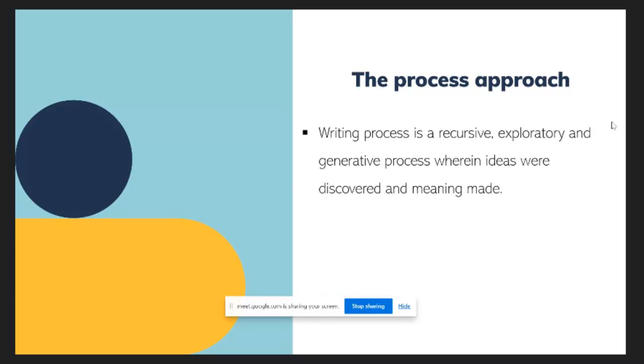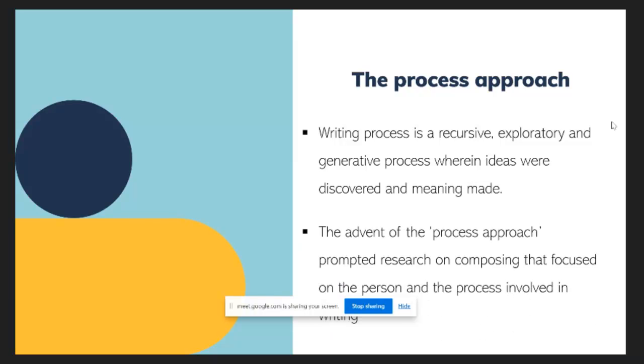This approach sees writing as a recursive, exploratory, and generative process where ideas are discovered and made. Guidance and intervention were preferable to the imposition of organizational patterns or lexical constraints.